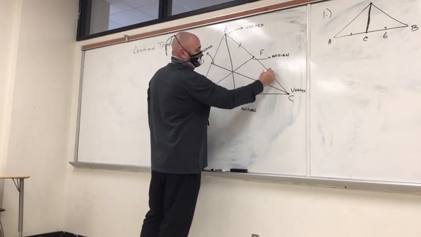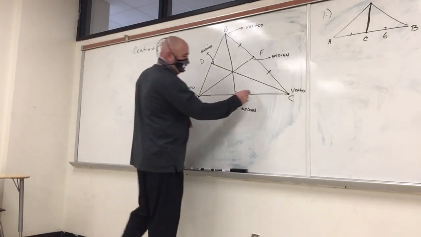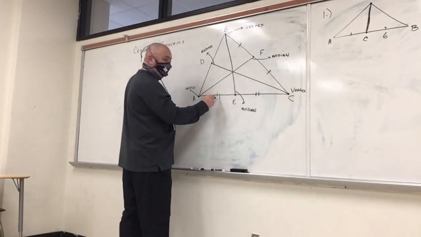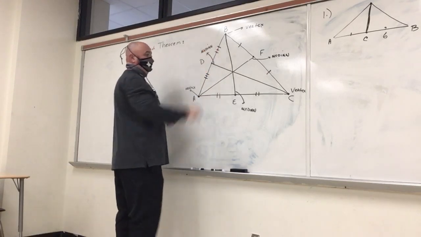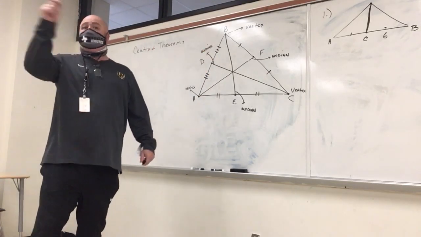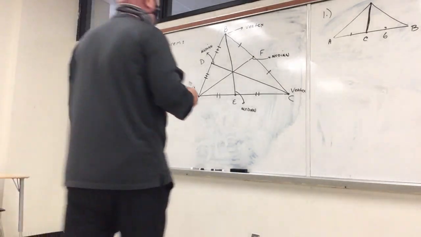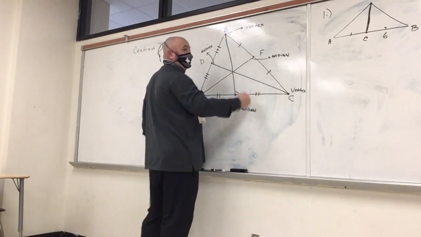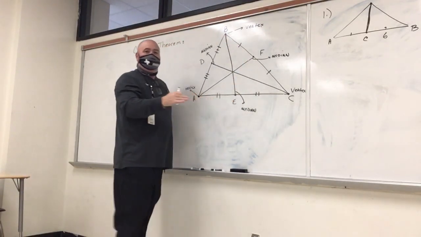That segment is congruent to that segment. And this segment here is congruent to this segment. And this segment here is congruent to this segment. I did not say that all the segments are the same, just on the same side. So this same side got cut in half, so this is congruent to this.